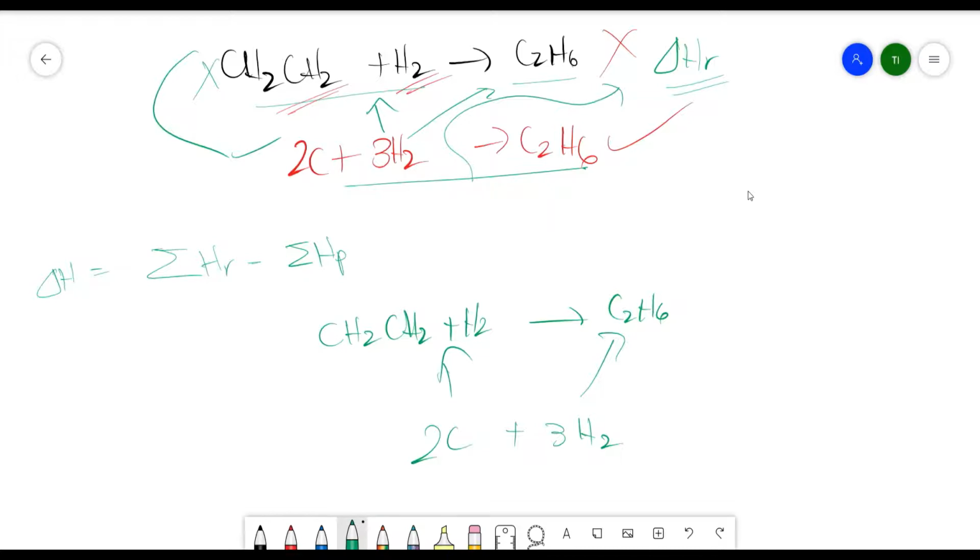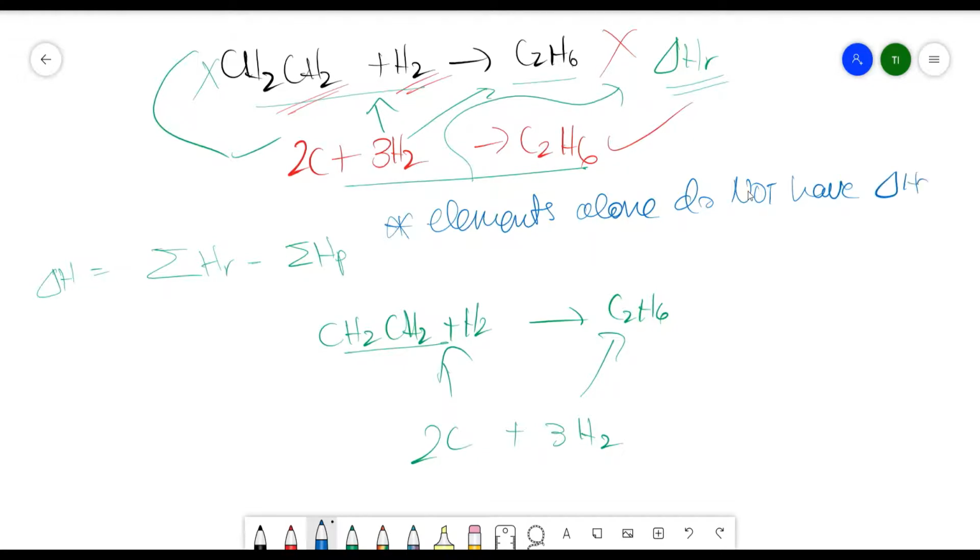And this is how you would be able to calculate, for instance, the standard enthalpy change of formation of this. Oh, one important thing that I forgot to mention: elements alone do not have a standard enthalpy change of formation. In this case, you see that this is a compound, right? So this would have one, but hydrogen alone is not a compound, so this would not have a standard enthalpy change of formation.